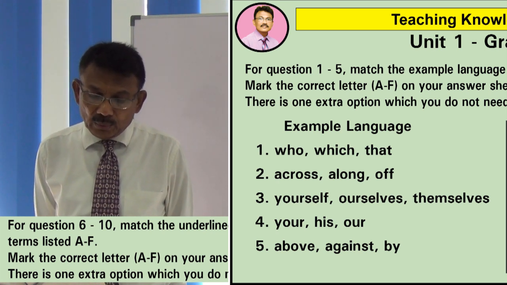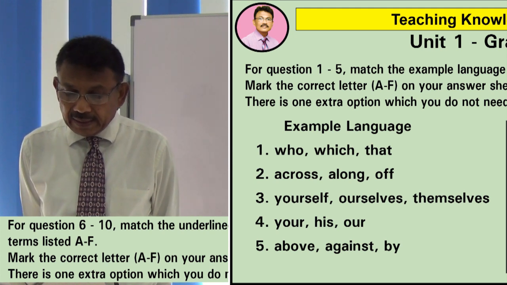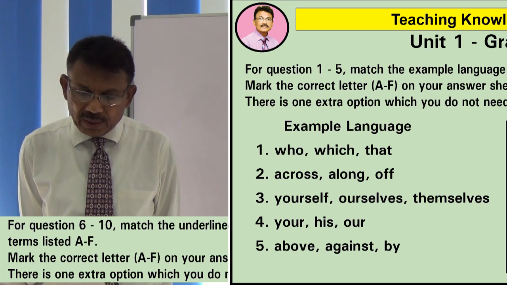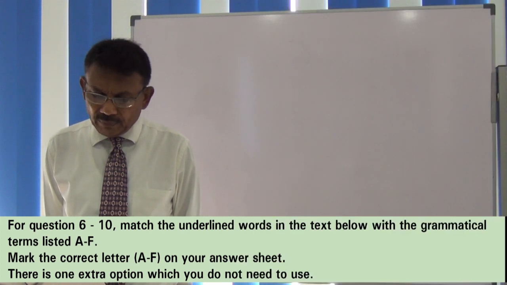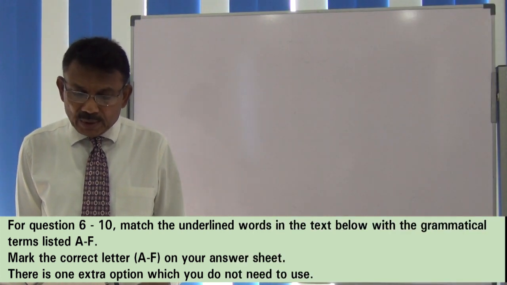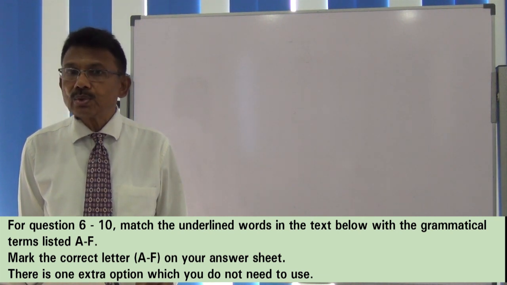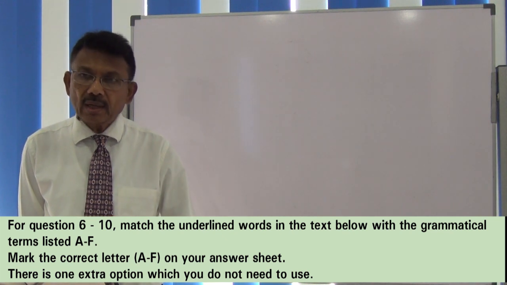So we will have to match the underlined words in the text below with the grammatical items listed A to F. Mark the correct letter A to F on your answer sheet. There is one extra option which you do not need to use. So you must read the question carefully before you answer the question.